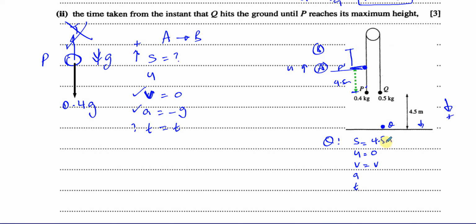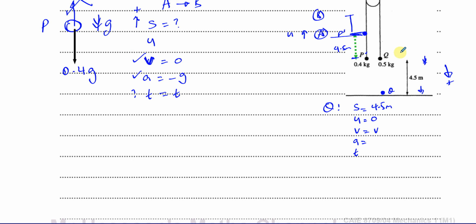So s is 4.5 positive. a is acting downwards, and the acceleration was what we found before q hit the ground, due to the tension and the gravity, which was 1 over 9 g. And the time we don't know.